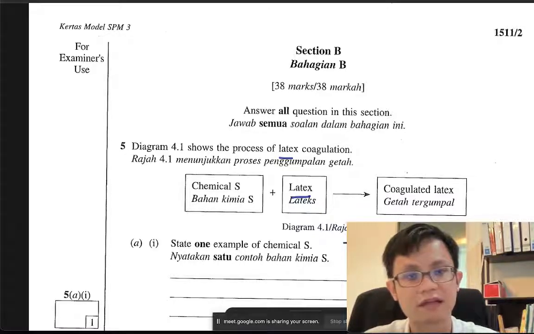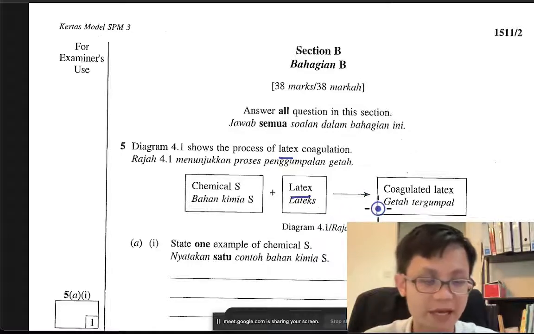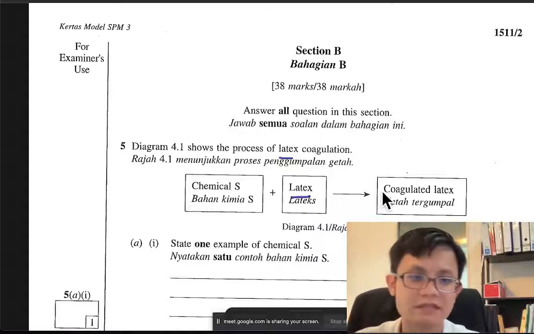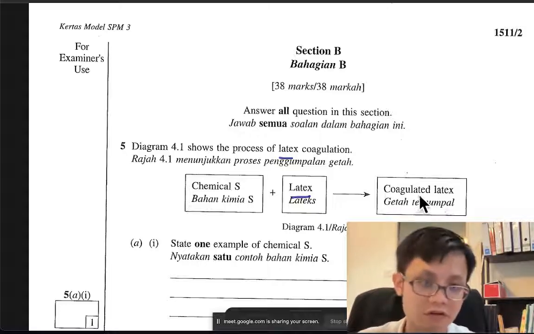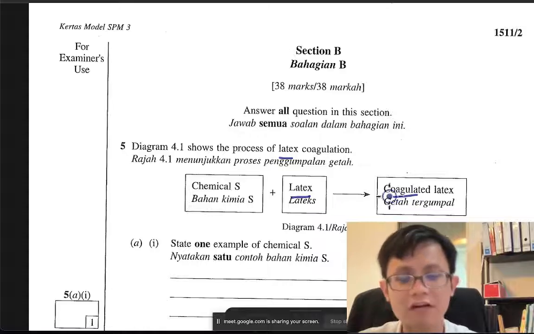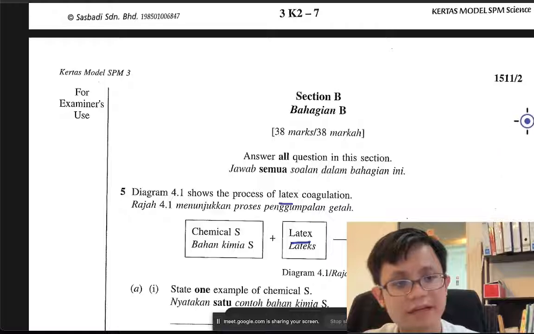Then we soften it back. Either we want to coagulate the latex to make it harden, or we don't want to coagulate the latex. One way we can make it coagulate is just by leaving it, or we put some acid.